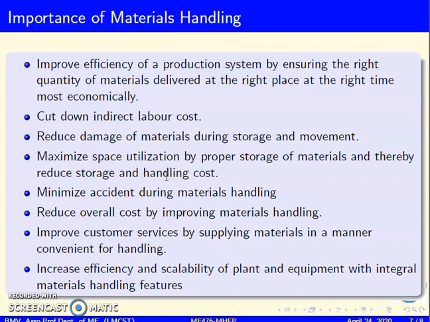From the first station, the components, the whole unit, will be taken using a material handling equipment to the next station. And we have to see the distance traveled by the material also. So, considering all these factors, we choose the material handling equipment.